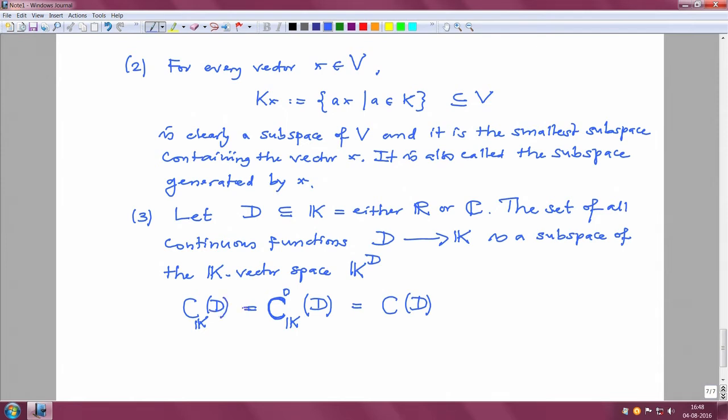So, this is the standard notation, and a first course on analysis is devoted to the study of this subspace.